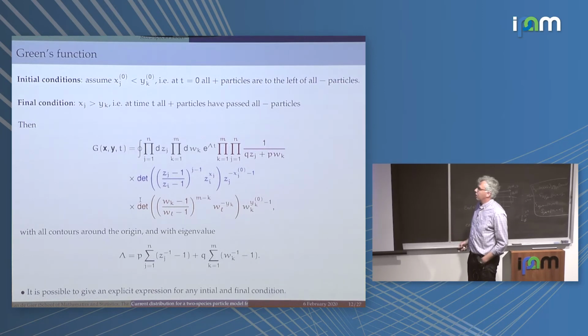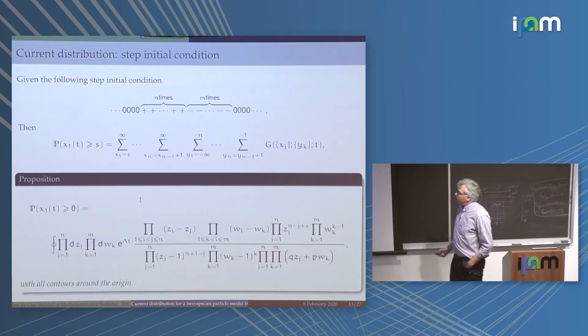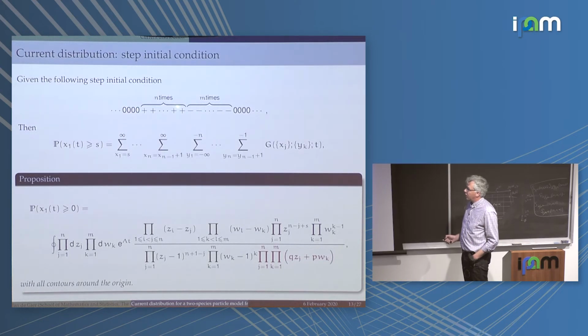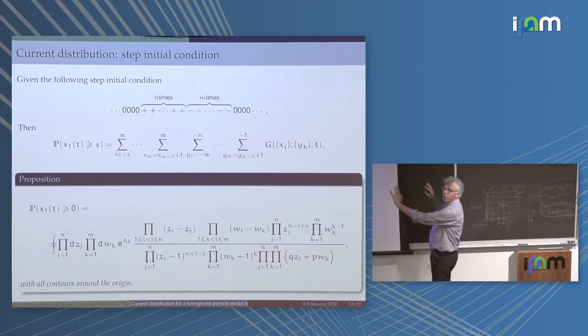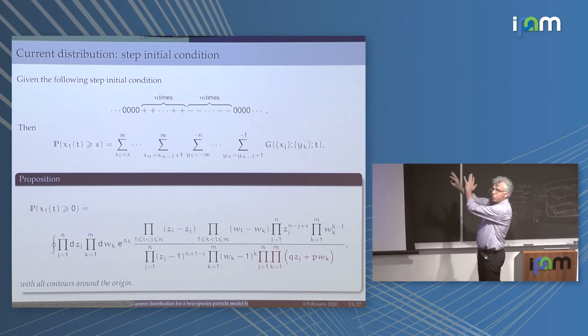So I hope that was clear, more or less. Okay, so how can we use this to compute this current distribution, for example? Let's start with the simplest case of a step initial condition. So let's prepare the system in this way, where we have n plus particles to the left of the origin and m minus particles to the right of the origin. And now we're interested in the probability that at time t I have crossed.